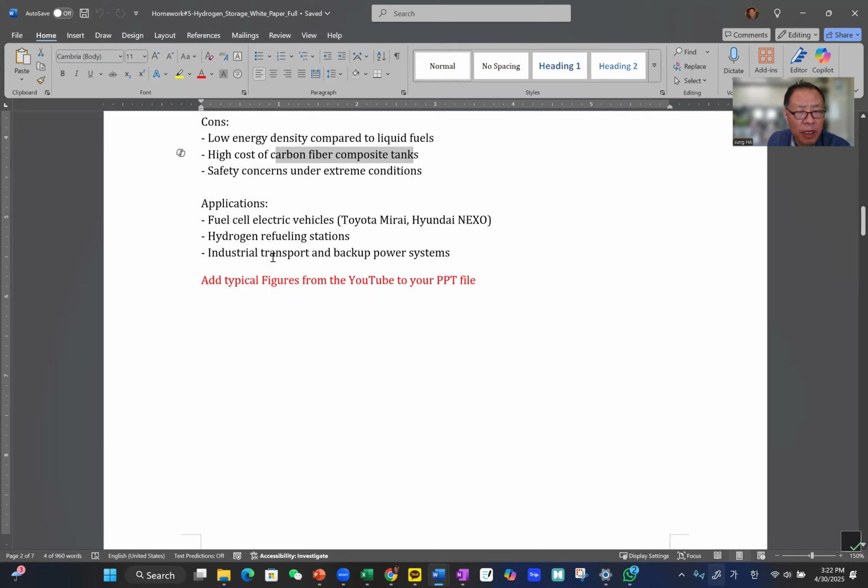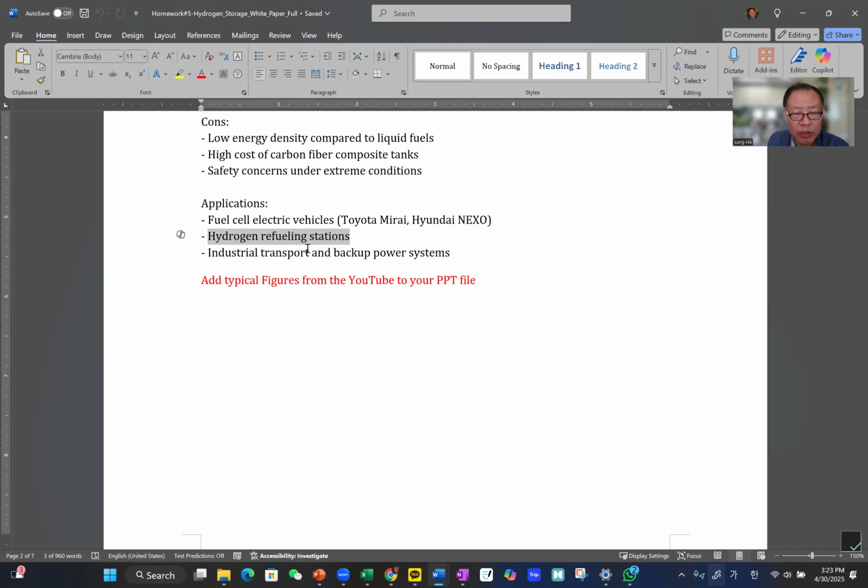Applications and so on. Another important application is the hydrogen refueling station. Recently, Hyundai announced that their all-new Nexo has been very popular, almost 50,000 vehicles have been sold.